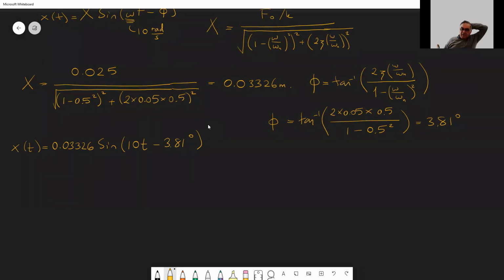Strictly, you should be writing radians there, so multiply it by pi and divide it by 180. Meters. This is the response of a system to such a force.